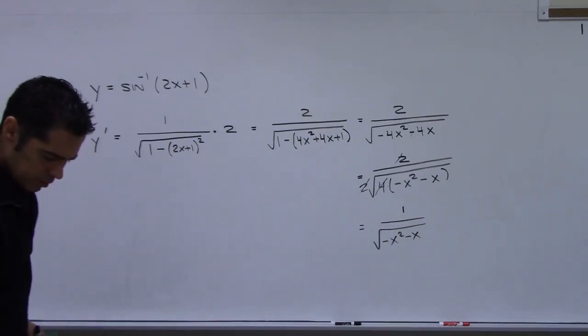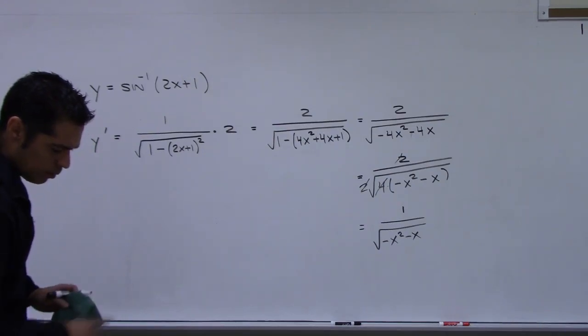All right, next one. Be aware of the algebra and be able to do the algebra. All right, arctangent. All right, this one is a mess. 20. Arctangent of x minus the square root of 1 plus x squared.